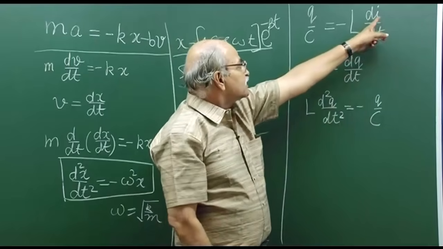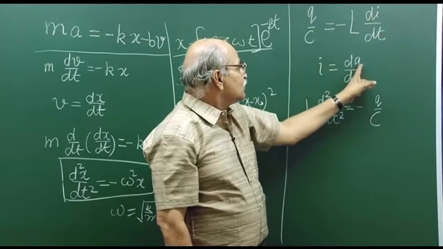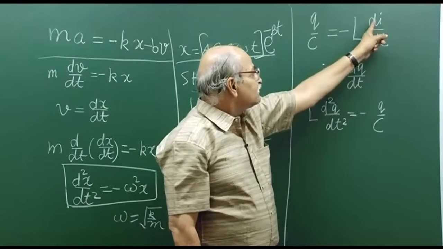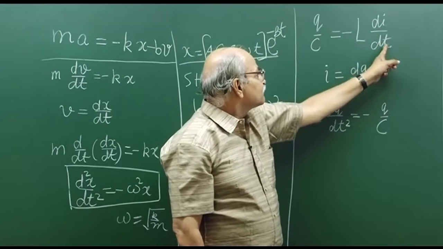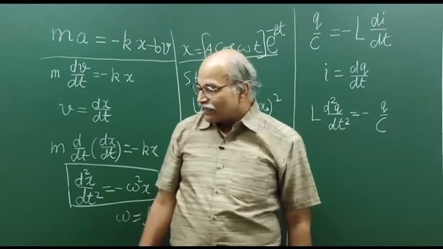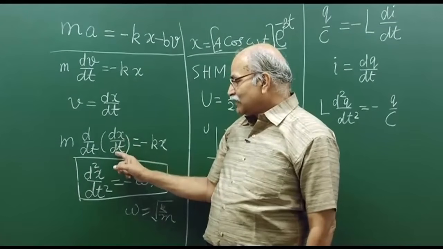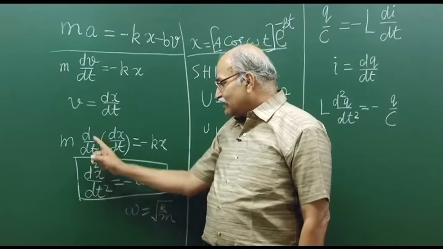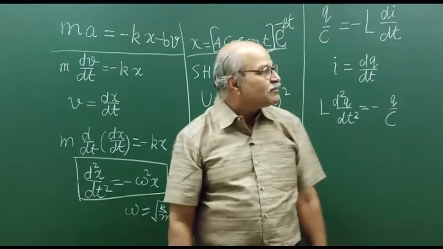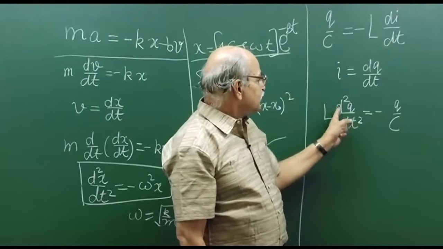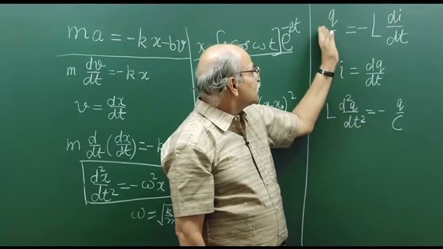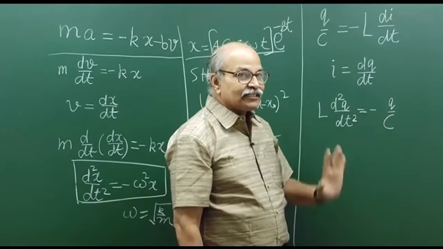So in place of this I am writing dq dt, and when you write it that way, d dt of dq dt, just like d dt of dx dt we write as d2x dt square, similarly here we write this as d2q dt square, equal to minus q by c.